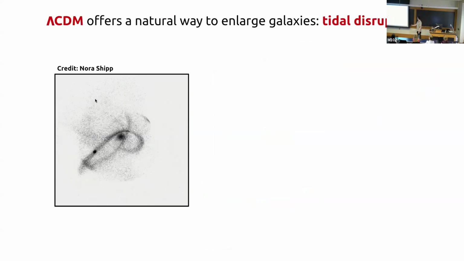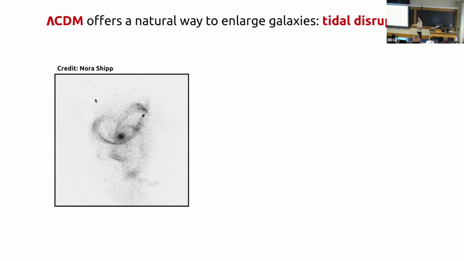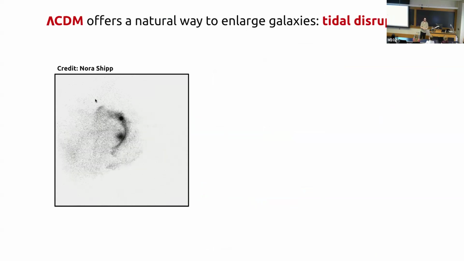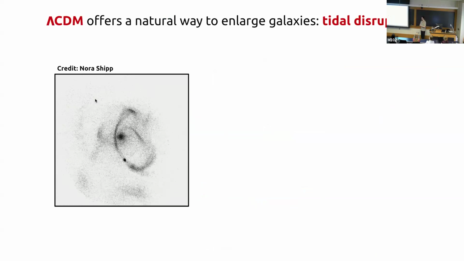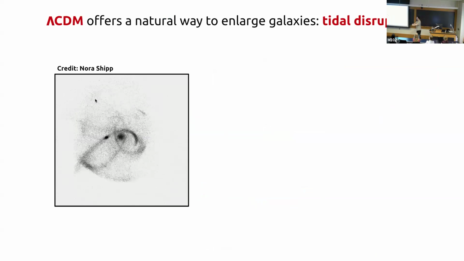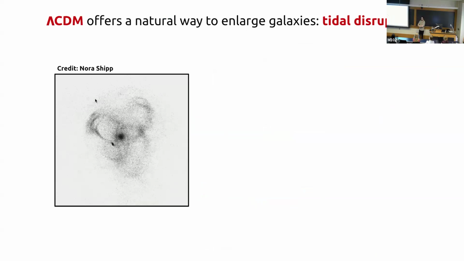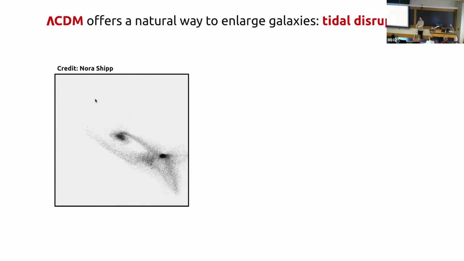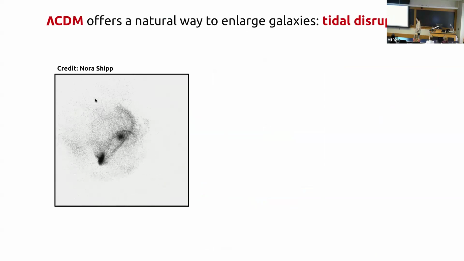When a satellite orbits its massive host, in this case a satellite of Andromeda or of the Milky Way orbiting M31 or the Milky Way, because of tidal forces, because of the gravitational potential of the massive host, they start losing stars. And in this tidal disruption process, they can be enlarged.